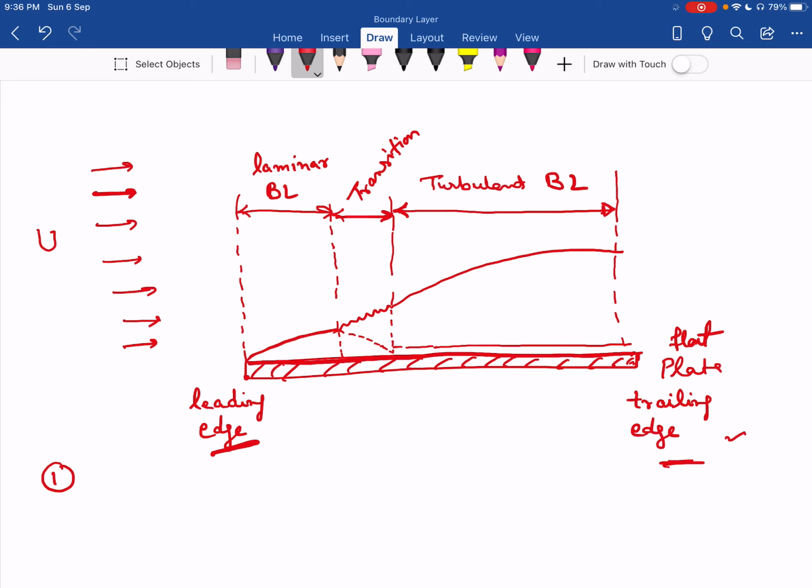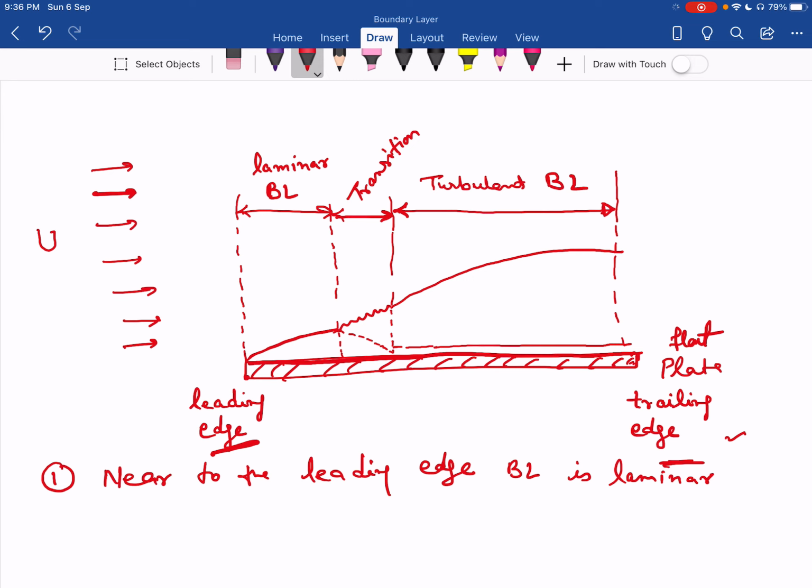So near the leading edge of the flat plate, the boundary layer is laminar. That is completely laminar.